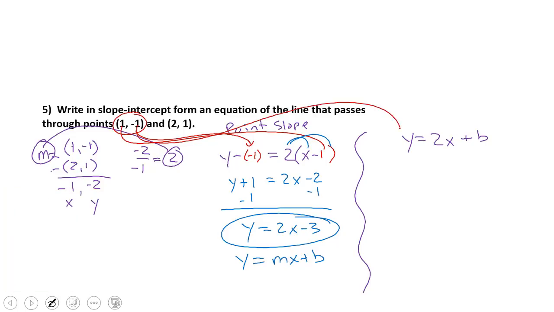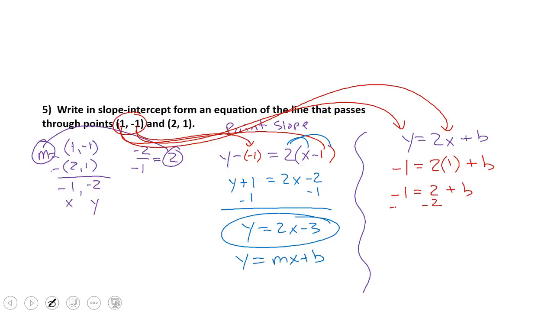I'm going to put my y number here, and I'm going to put my x number there, and I'm going to say -1 equals 2 times 1 plus b. Well, 2 times 1 is 2, so -1 equals 2 plus b. Subtract 2 from both sides. -3 equals b. Well, now I have my intercept of -3 and my slope of 2. So y equals 2x minus 3.